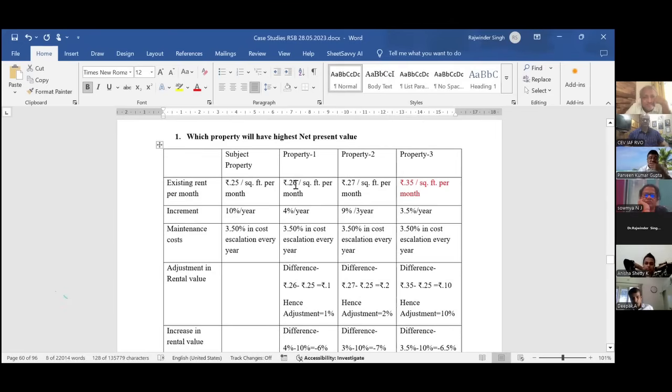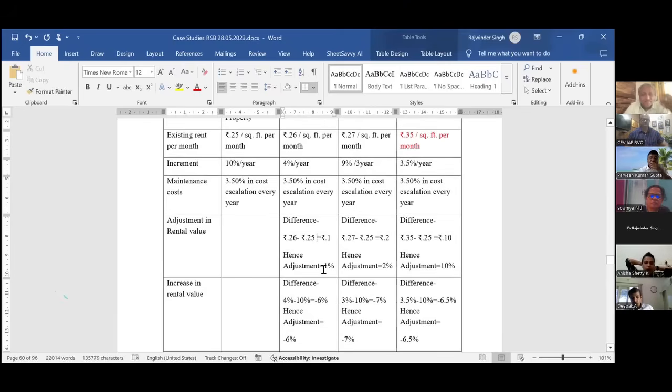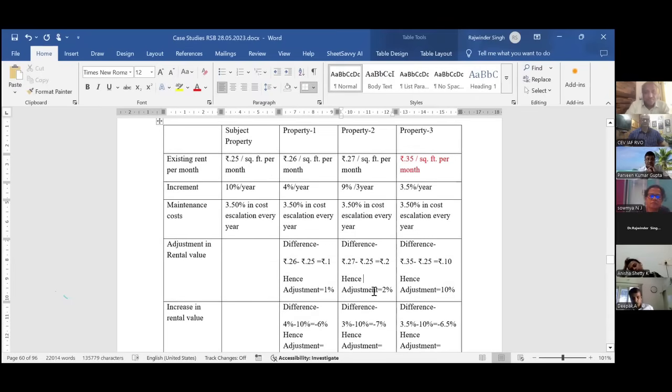See here, the difference in rental value is 26 minus 25, 1 rupee. For rupees 1, adjustment is 1%. Second property, 27 minus 25, adjustment is 2%. 35 minus 25, adjustment is 10%.